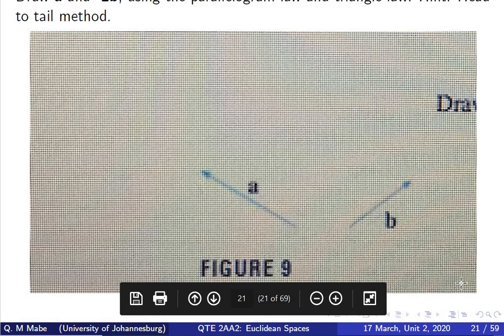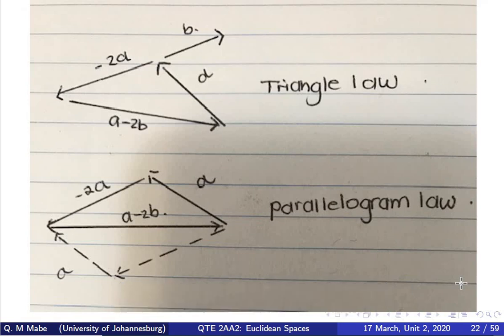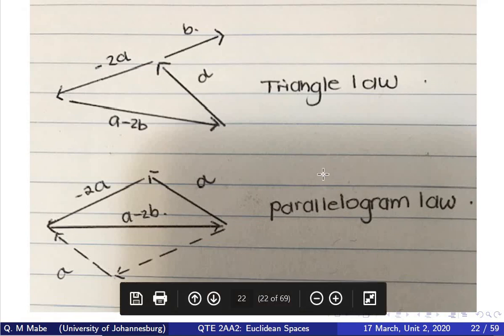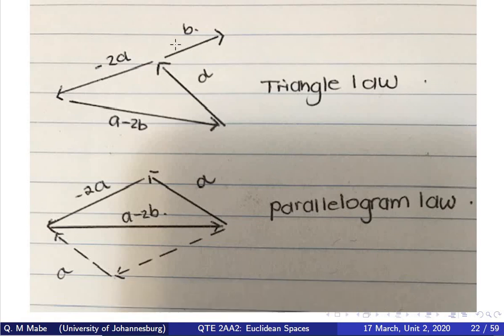So I have the solution in the next slide. This is how we will add these. For instance, this should be B, not A. Please fix this, because we say that negative 2B is in the opposite direction of B.